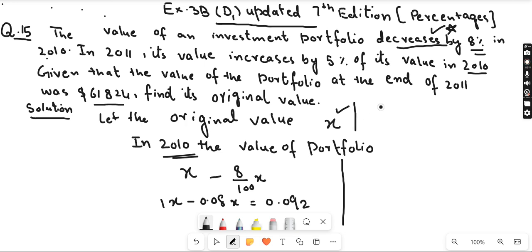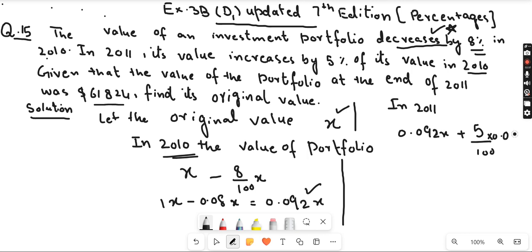Then in 2011, there is a little bit of change in the condition. The value, whatever it was in 2010, is coming to this one, and it increases by 5%. So there is an increase of 5% in this value.